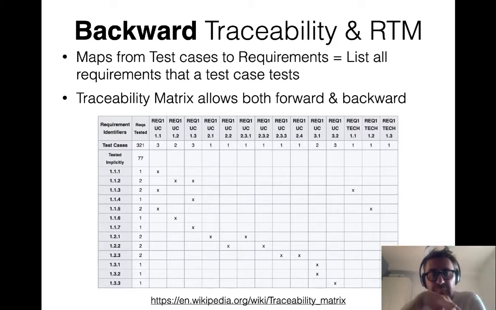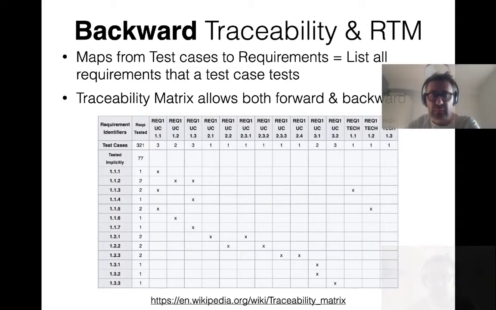So now if we find a problem when running test case 1.1.2, we can relate that to the requirement and see is something wrong in the requirement, or is it in our implementation, or where should we start to fix this problem. And then of course forward is easy, we can check for each column, is there a test case and has it been run recently and so on. So very basic.